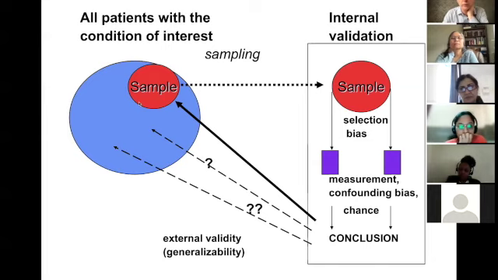We usually have restrictions of limited resources. So we would take preferably a very good sample, a representative sample of the entire population. This sample is our study population, and we measure them, based on selection bias, measurement, confounders, and chance. And we try to measure and then come to a conclusion.